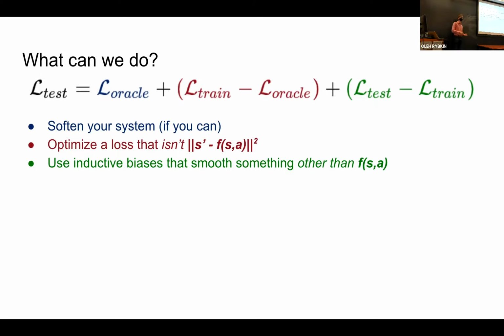If you have some structure in your model, you can think of that as adding some regularization based off of your structure. But this could also mean replacing this loss entirely. And finally, hopefully what we'd eventually like to get to is to be able to use inductive biases that smooth something other than this function f directly.